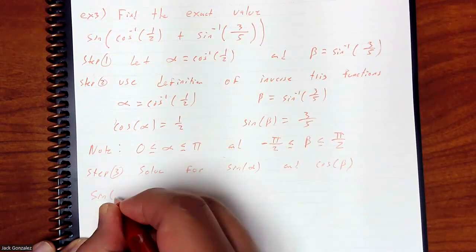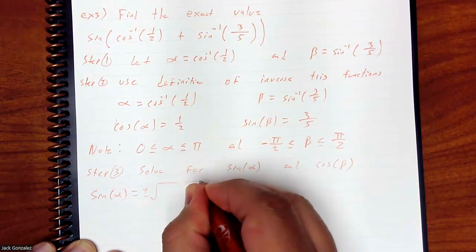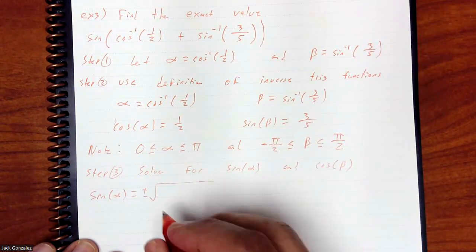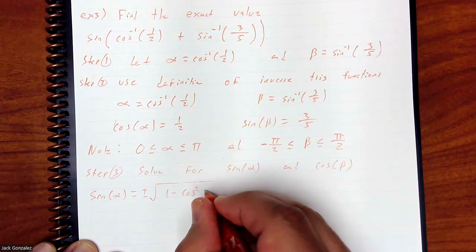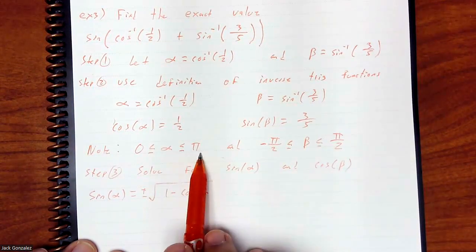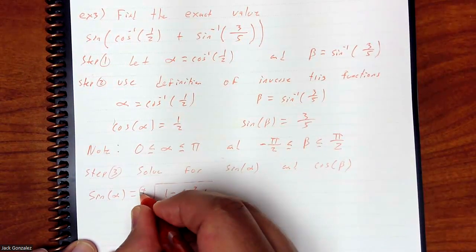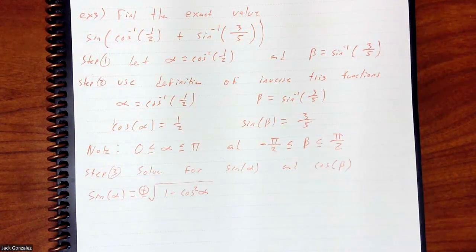So the formula for sine alpha is equal to plus or minus the square root of 1 minus cosine squared alpha. Since alpha is between 0 and pi, sine will be positive, right? If it's the top half of the circle, sine is positive there.